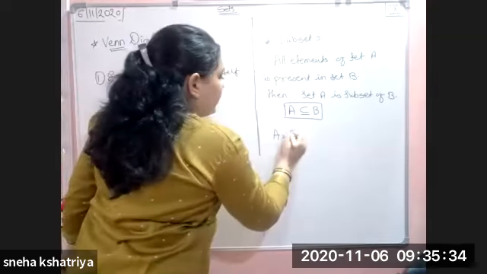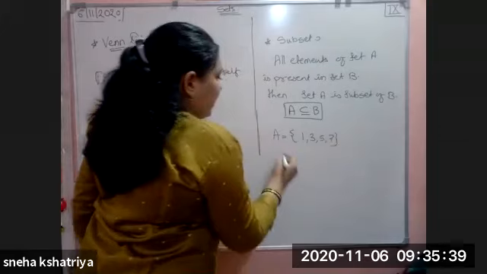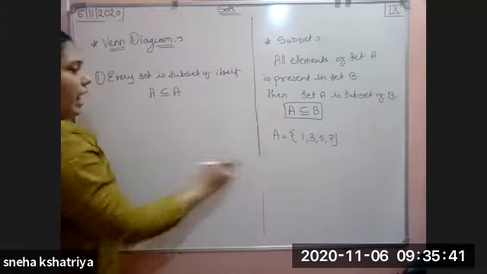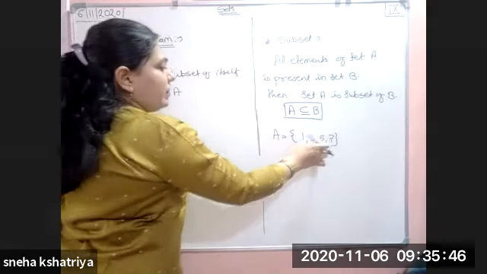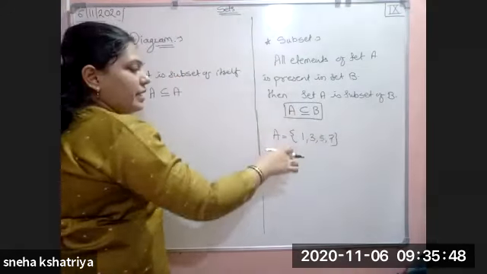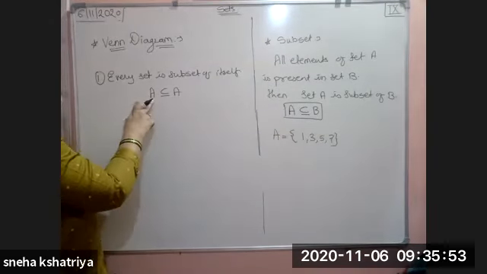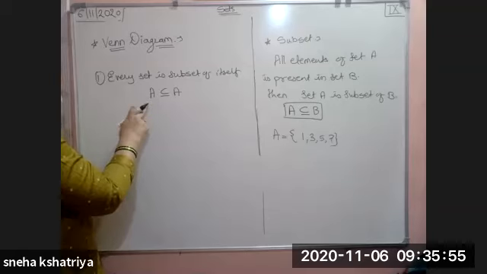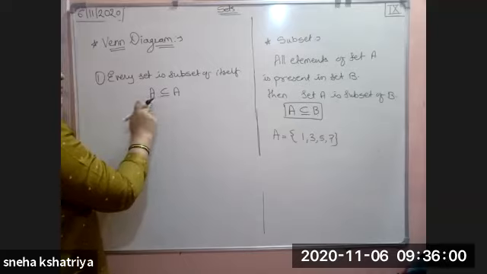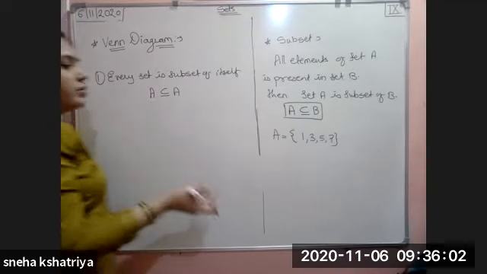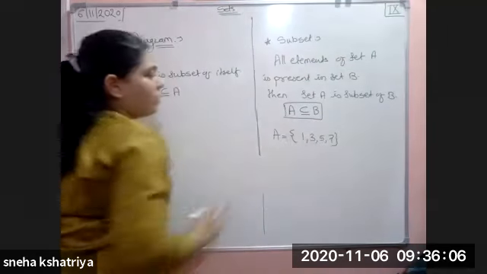If A is the set 1, 3, 5, 7, then A is a subset of itself because 1, 3, 5, 7 are elements which are present in A also. If all the elements of the first set are present in the second set, then the first set is a subset of the other set. Similarly here, all the elements of A are present in A. Therefore, A is a subset of itself.